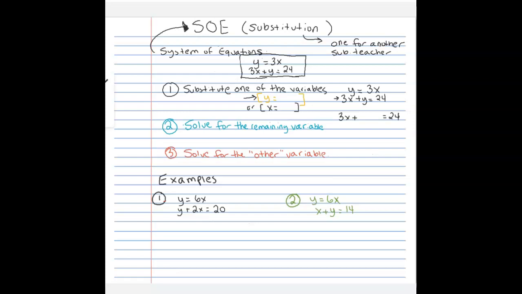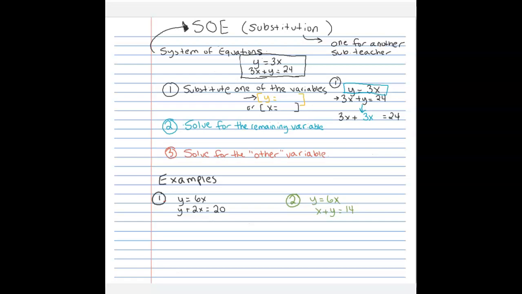But instead of putting y here, I'm going to put 3x, because y equaled 3x. All right, so this is our first step. We're going to substitute one of the variables.